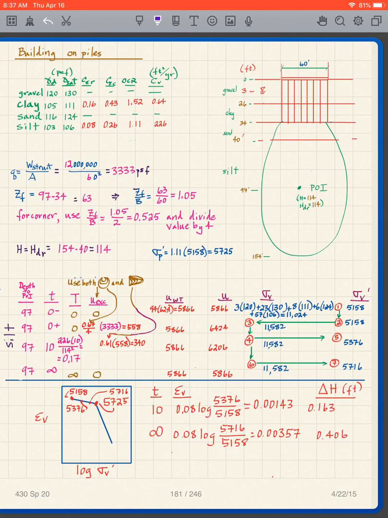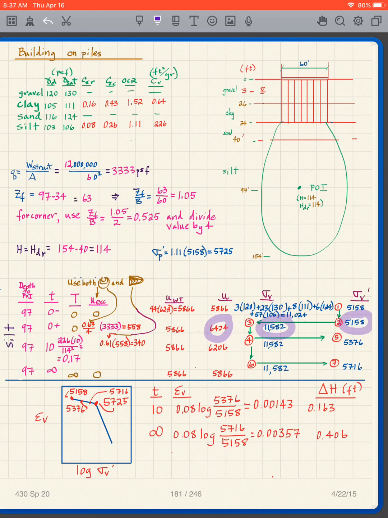And then once again, I look at the T equals 0 minus figure to get the sigma V. We take the sigma V minus the U to get the sigma V prime. That sigma V prime is going to be the same as that sigma V prime, because from T equals 0 minus to T equals 0 plus, the sigma V prime is the same. I add the 5158 to the 6424.